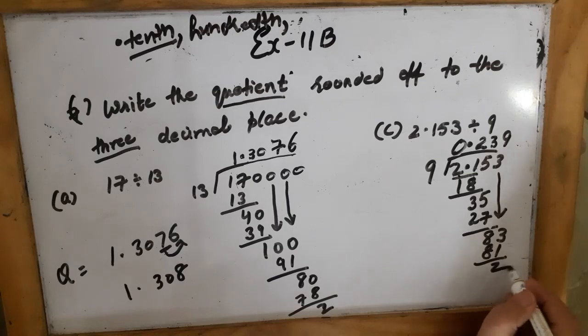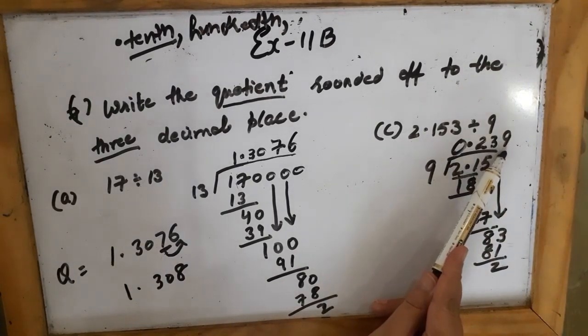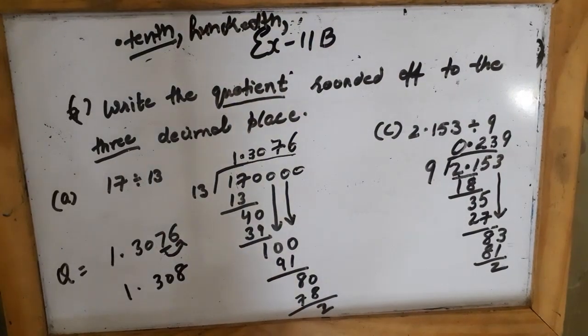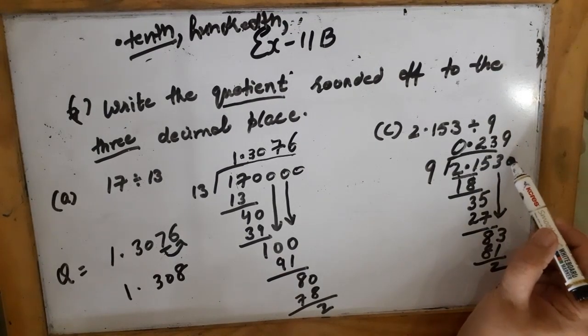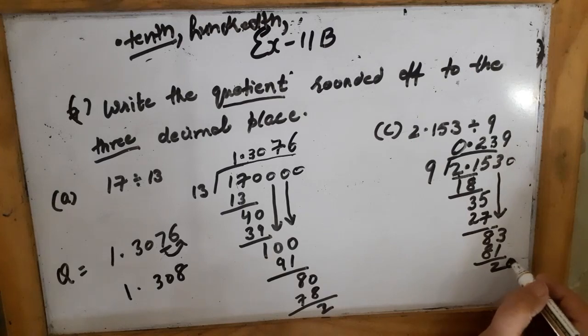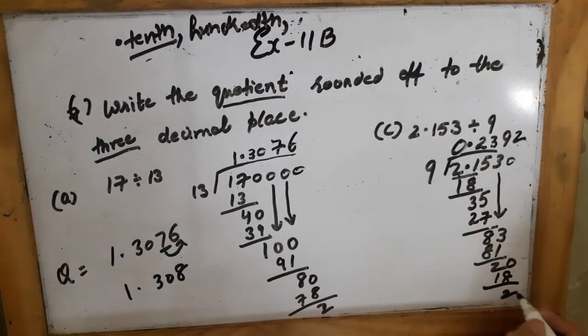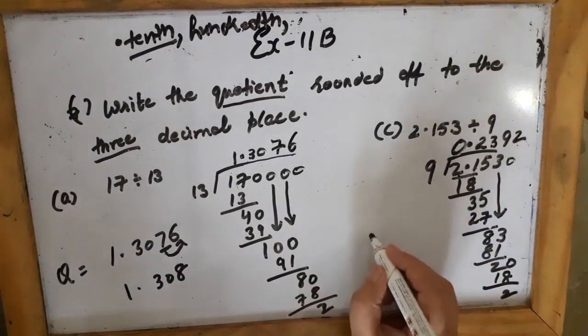But the digits are finished, and I want the answer till 4 decimal places because I have to round off to 3 decimal places, so I need the 4th decimal place. So already the decimal is there, so I can put a 0 in the dividend, bring this 0 down, and 9 2s are 18. So I can finish off here because I have got 4 decimal places.